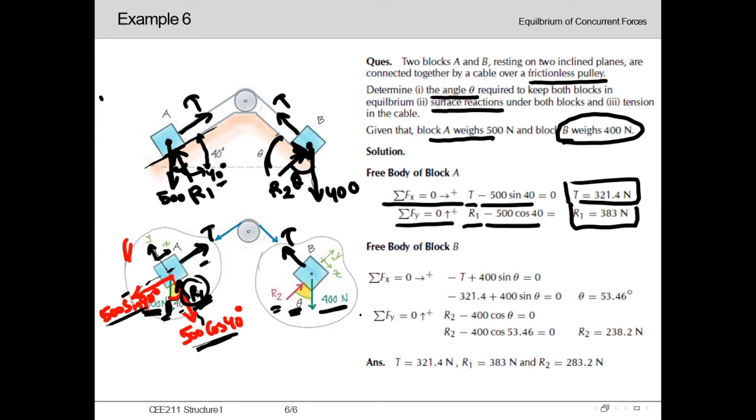Now for this block B also, we will set our global coordinate at an angle of inclination. So this time the angle will be theta. Initially it should be like this one, but as we are setting the global coordinate at an angle of theta, we can rotate this global coordinate by an angle of theta.